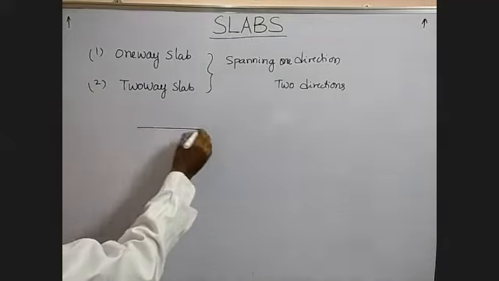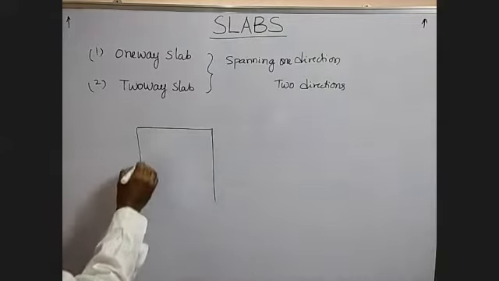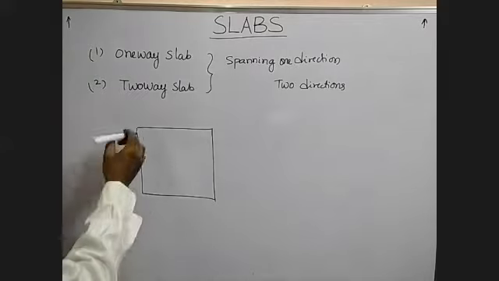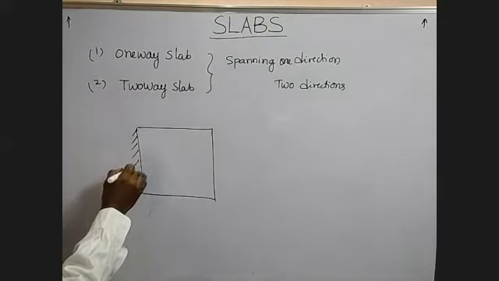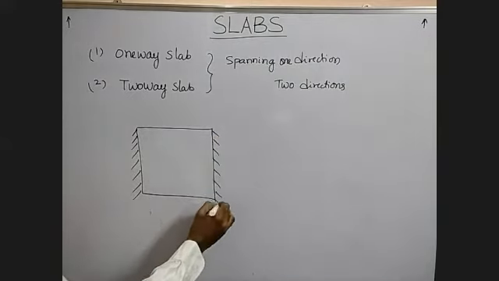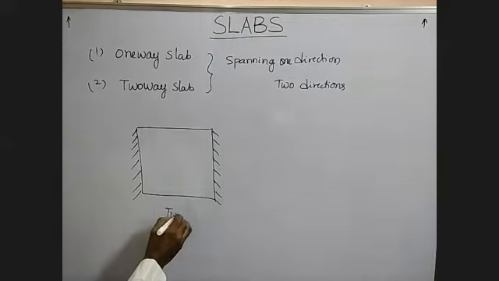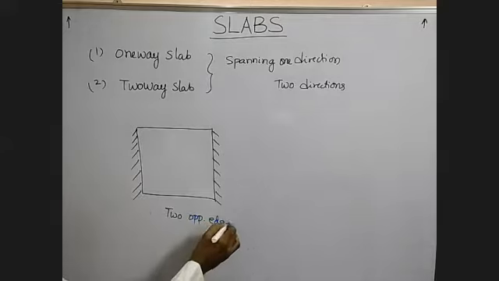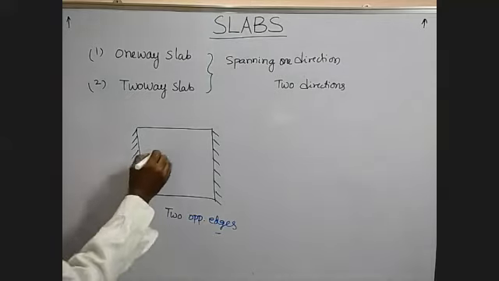See, if I say this is a slab, this is a slab. The slab is supported on two opposite edges. The slab supported on two opposite edges, we call it as one-way slab.